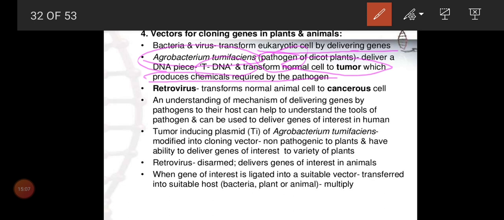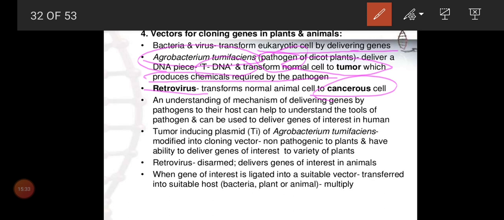The second category is retrovirus. This virus normally affects some animal cells, and when it does, it changes normal cells into cancerous cells. These two characteristics of bacterium and virus we are going to use in biotechnology. How? Now look at the slide.